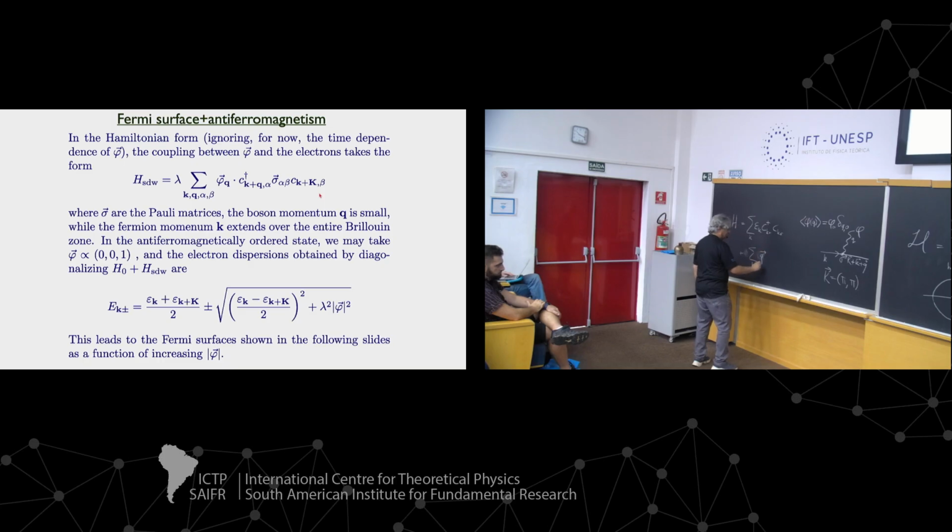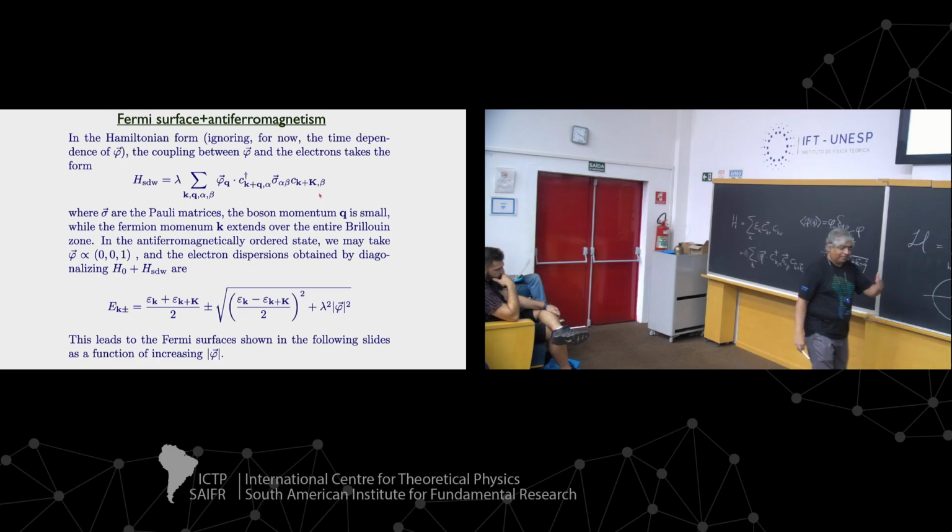Phi vector, it's coupling to C dagger K alpha, sigma alpha beta, CK plus capital K beta. So every time there's a condensate, it adds momentum capital K to an electron.